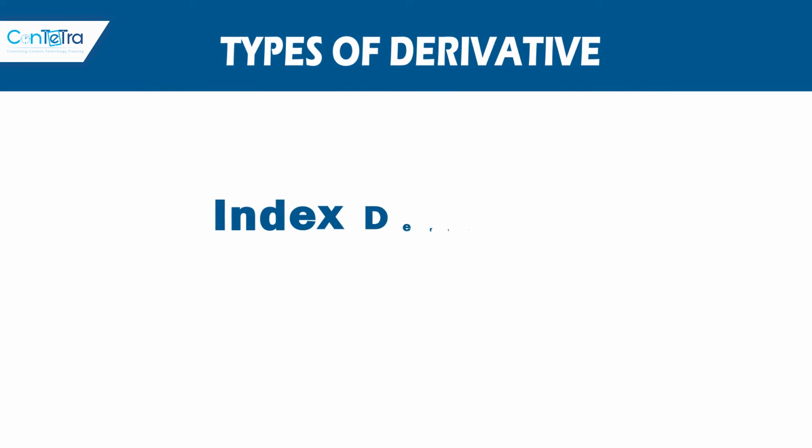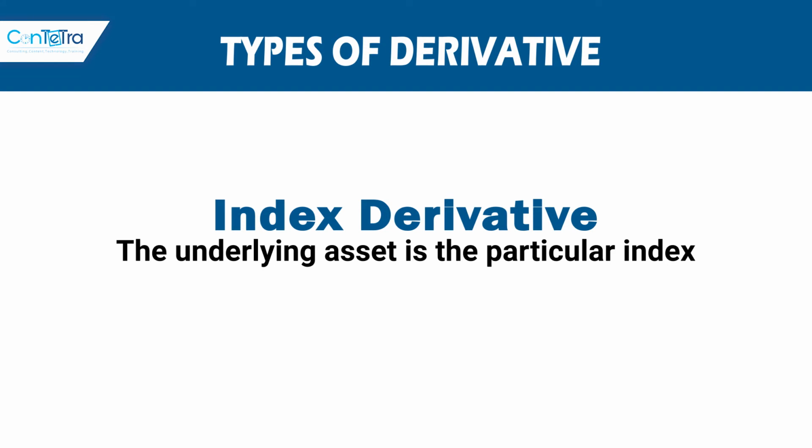And last but not the least, index derivatives. These are derivatives where the underlying asset is a particular index, or to be very precise, the price of a particular index. So if I am buying a Nifty future, the price of the Nifty future is dependent on the movement of the Nifty index.